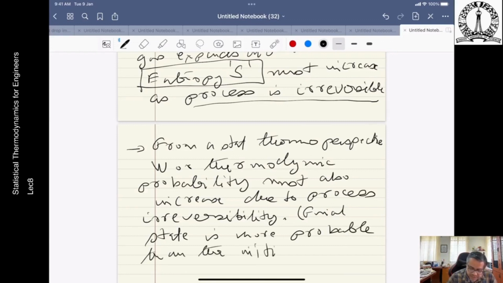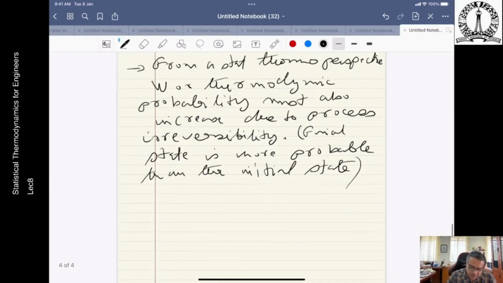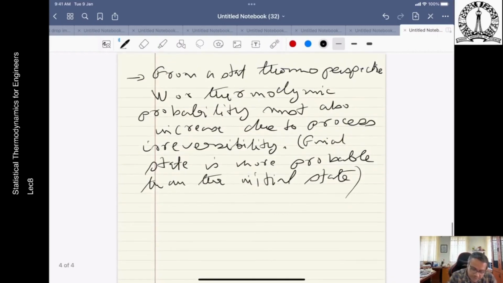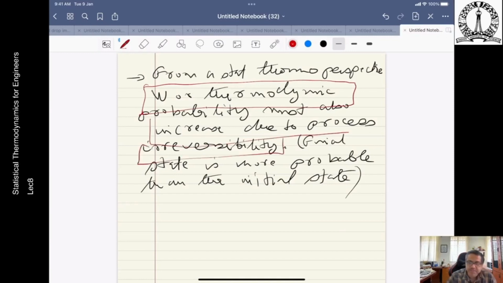The initial state is that the gas remains in chamber A and does not go to chamber B. That also has a probability, but obviously the final state, where the gas fills the whole container, both A and B, is a much more probable scenario. So the thermodynamic probability W must also increase due to this process irreversibility.